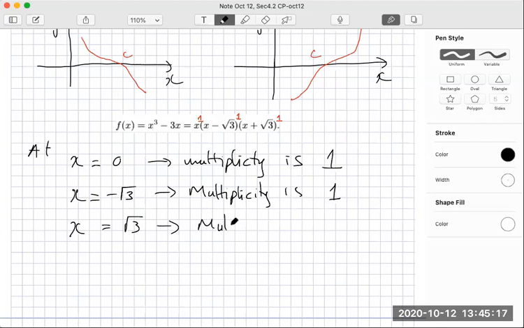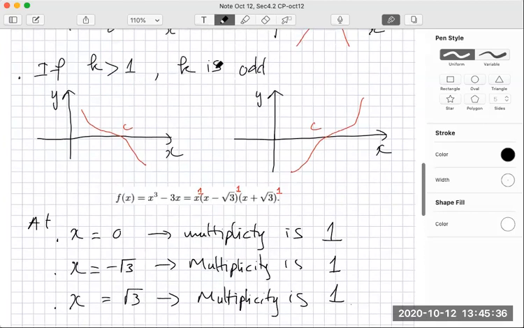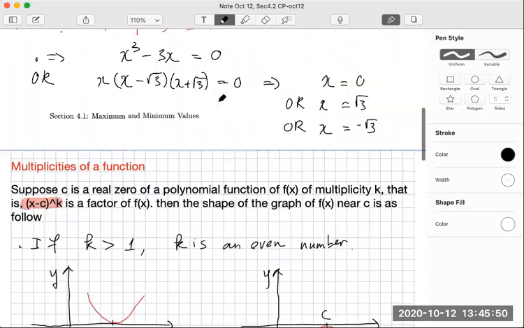And at x equal to square root of 3, the multiplicity of this zero. Yes. Okay, very good. So we see that all these solutions have multiplicity 1, which means that 1 is an odd number, right? Then near this solution, the graph should cross the x-axis, right?